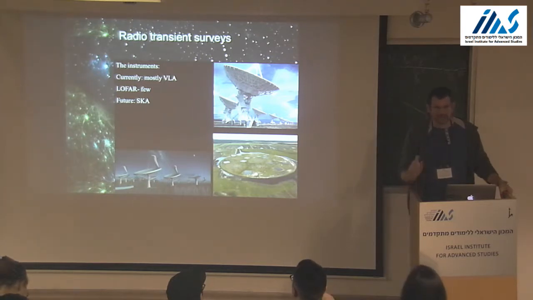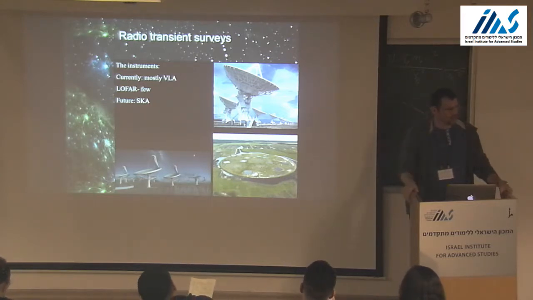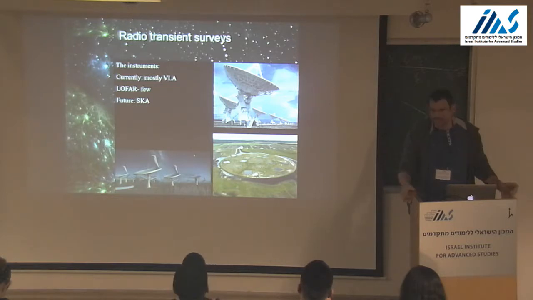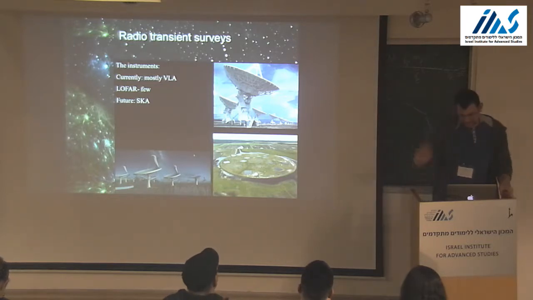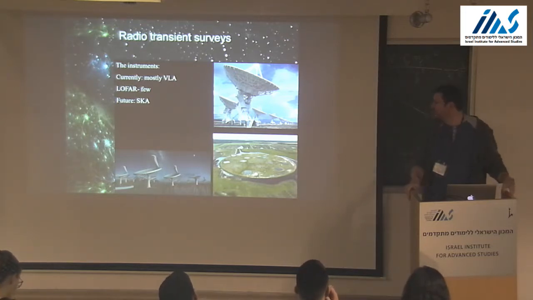Based on yesterday's definition, transients are not variable sources, so they are sources that really have no quiescent counterparts. There are not many classes of extragalactic radio transients actually known, but the searches have been going on for many years. I will review mainly results from the Jansky Very Large Array.